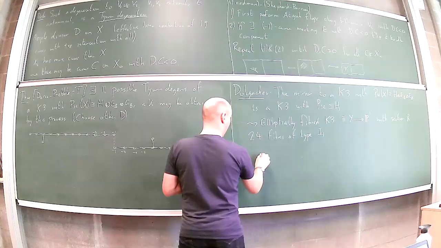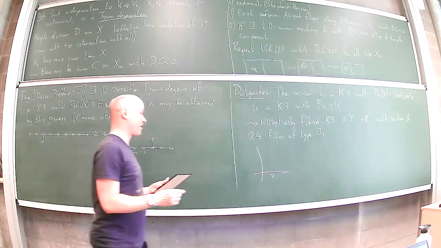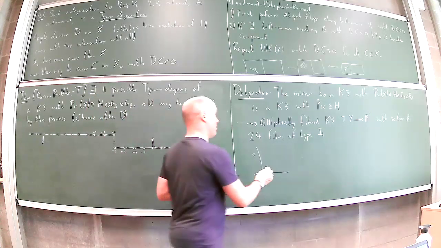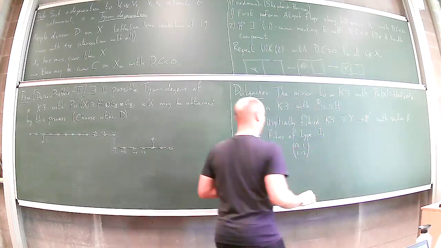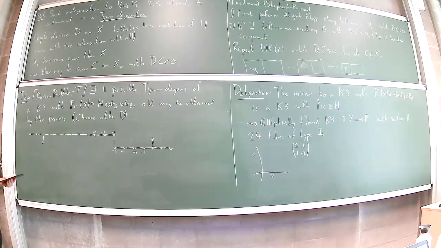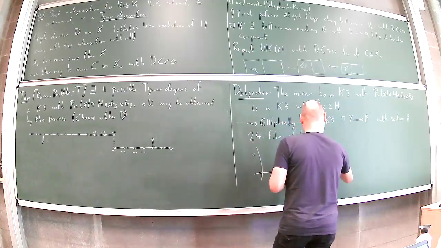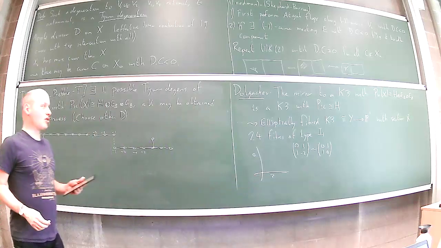How can we see this? If I draw a K3 surface, it has a section. The section necessarily has self-intersection -2. It has a fiber which has self-intersection 0. So this generates a lattice with this intersection form: section and fiber meet in 1 point, fiber meets itself 0, section meets itself -2. This is isometric to H by just a change of basis. So this is how you see this.